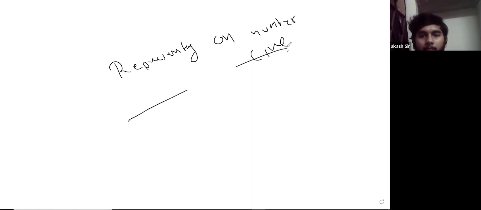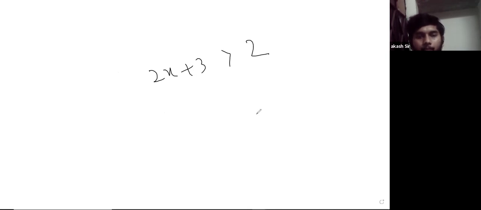Representing on number line. If there is a question like this, quickly find the answer, the solution. Minus 1/2.